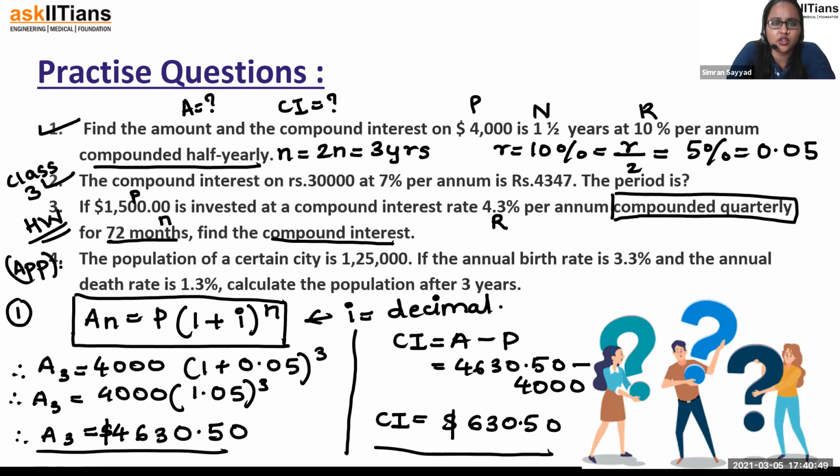The population of a certain city is 1,25,000. If the annual birth rate is 3.3% and the annual death rate is 1.3%, calculate the population after 3 years. There is one additional part: you have two rates. So how are you going to do that?